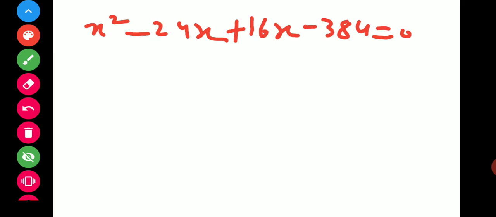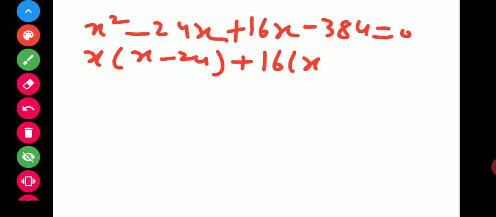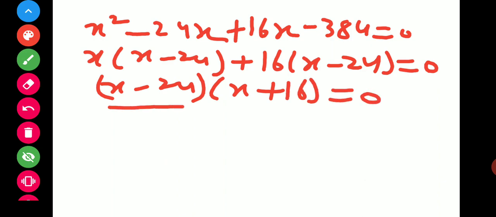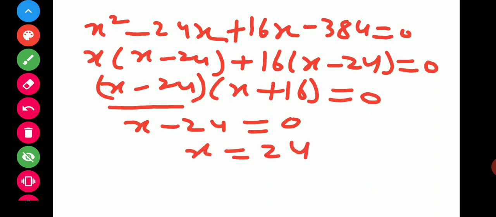You can do this factor taking x as common, so x minus 24 and plus 16 as common, so x minus 24 and x plus 16 equal to 0. We cannot take x plus 16, it gives a negative answer. So x minus 24 is equal to 0. So x is equal to 24.